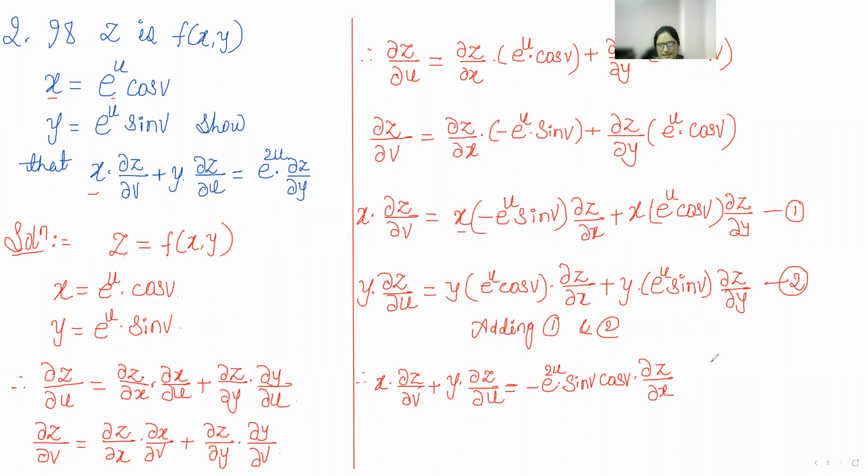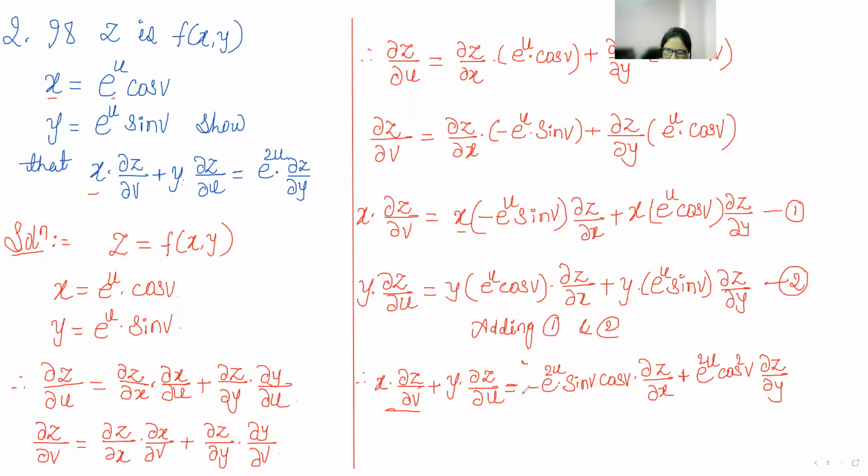Okay, plus, I am taking only the first term here, replacing this x with e^u cos v, plus x into e^u cos v, that is e^2u cos²v ∂z/∂y.